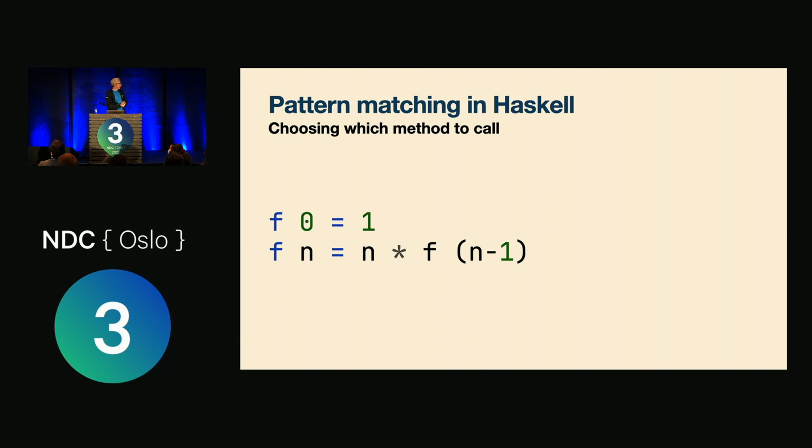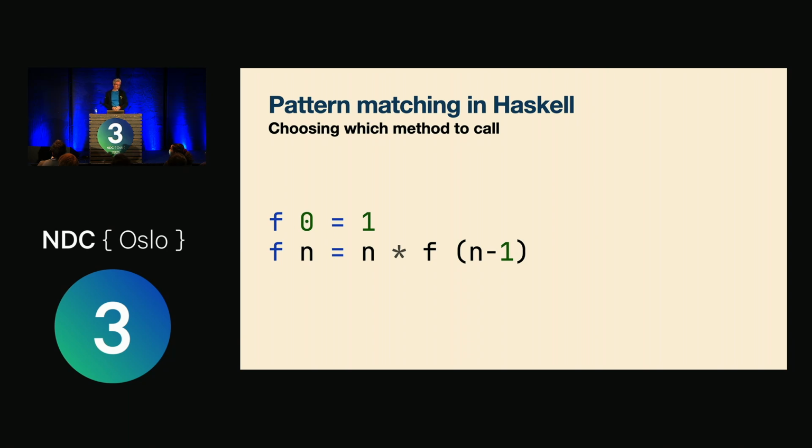But it's not just about sort of matching a pattern to do a thing like that. Something like Haskell can take this and use pattern matching when declaring functions as well. So if we're in Haskell, we can actually declare a factorial function, and we can declare it with two actual method instances. We have one where the parameter is 0, and we can just return 1.